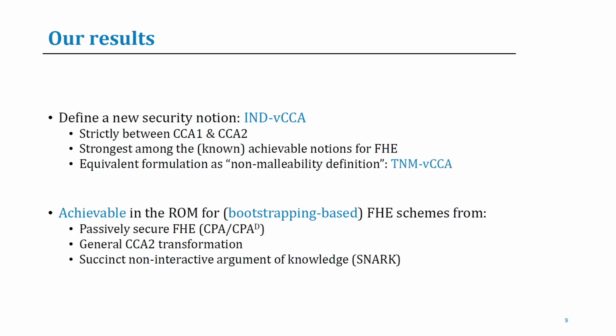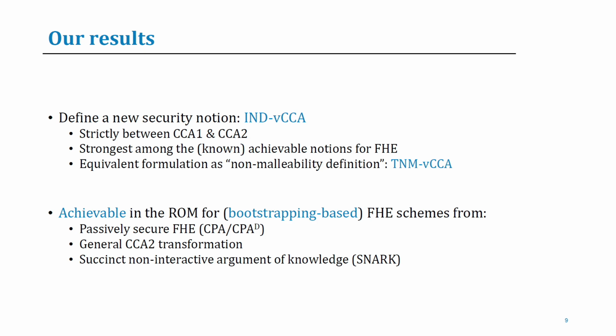And we also give an equivalent formulation in the non-malleability formulation of security games. We call it targeted non-malleability VCCA. And this is actually a generalization from a paper from Bonnet et al. in 2011 where they did this, but in a CPA and CCA1 context.